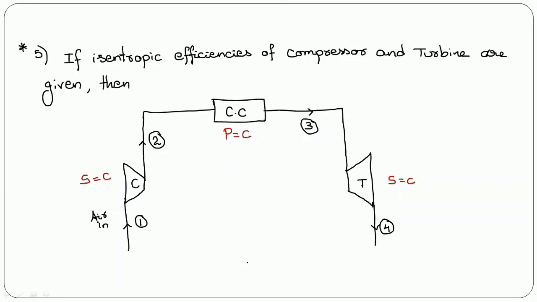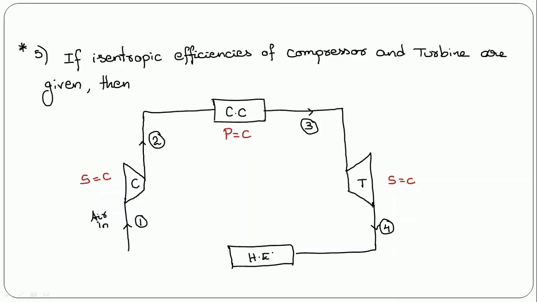If this is an open cycle gas turbine, the exhaust gases will be let out into the atmosphere and fresh air enters. So try to understand, there will be two different types of turbines. One is open cycle gas turbine, second one is closed cycle gas turbine plant. So when it is open cycle gas turbine plant, this will be the plant. When it is a closed cycle condition, then what we need to do is we need to use a heat exchanger.